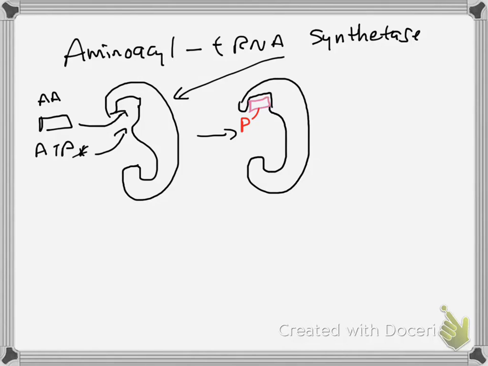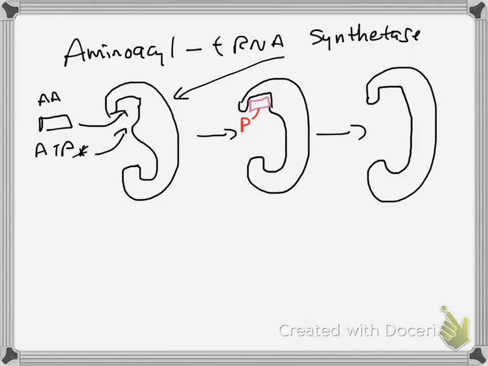Now what's going to happen next is, we need our enzyme back again. We have our amino acid, so it's still here. Now, in this step, we're going to see a tRNA molecule come in.